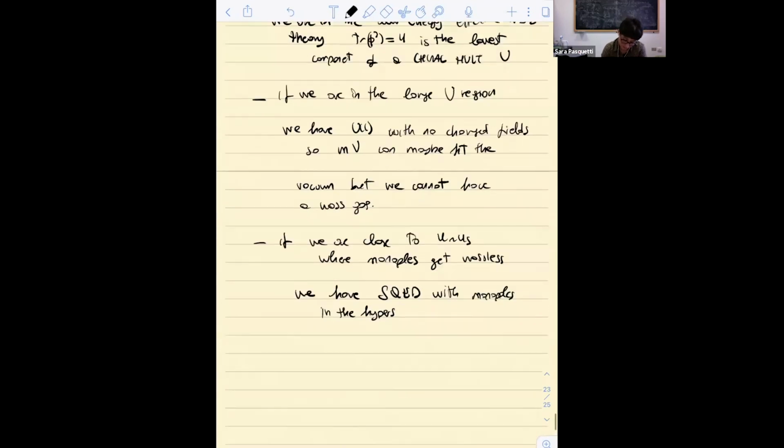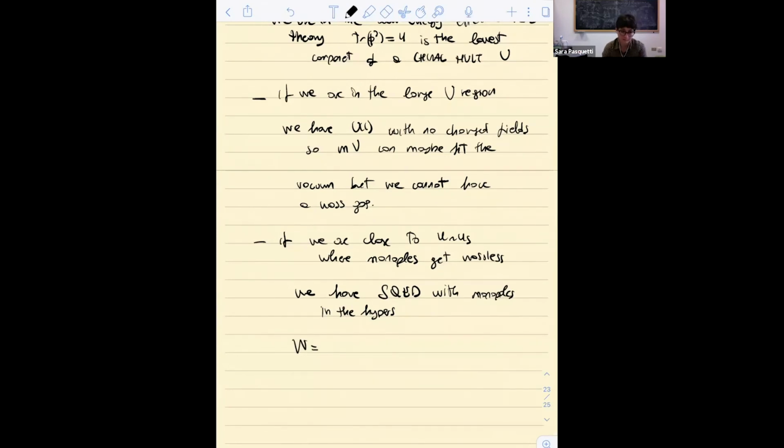So the superpotential now will be of this form. If you remember how the hypermultiplet couples to the vector multiplet in an n=2 theory, they only couple through this cubic term. So we have a coupling between the chiral multiplet, the vector multiplet and the two hypermultiplets. These capital M's indicate the hypermultiplet in which the monopoles sit.